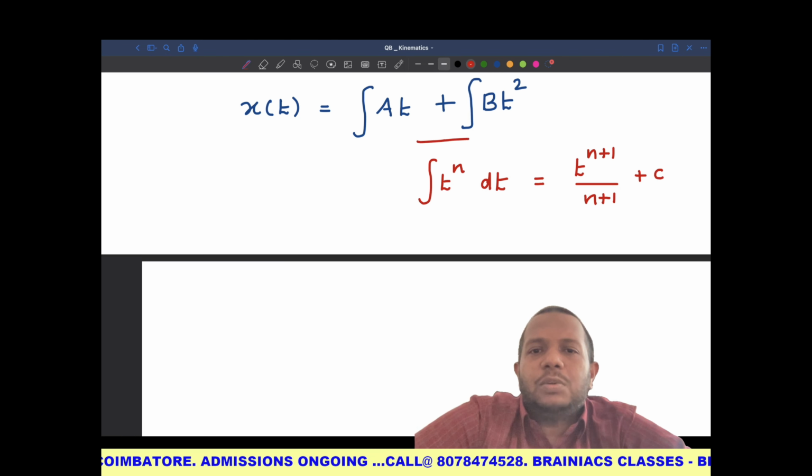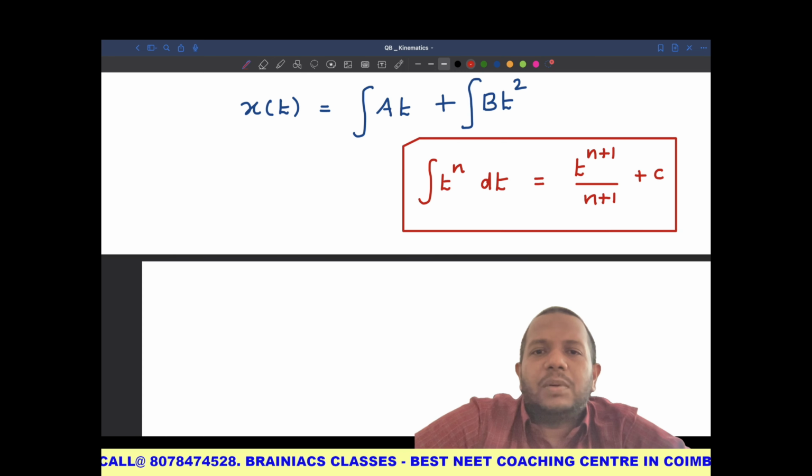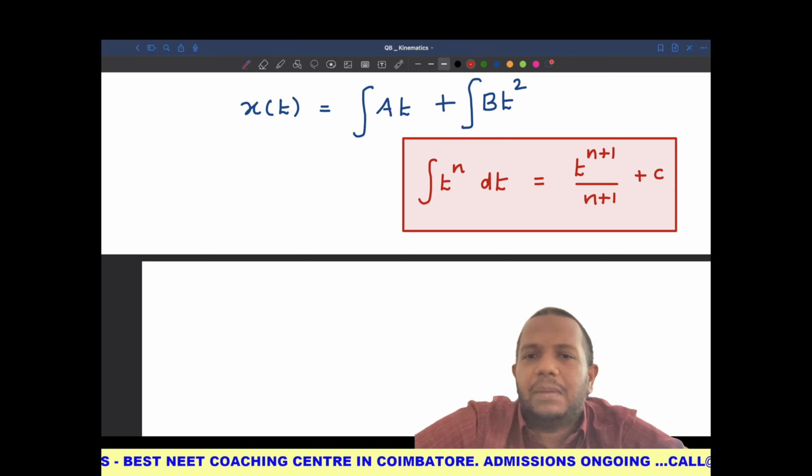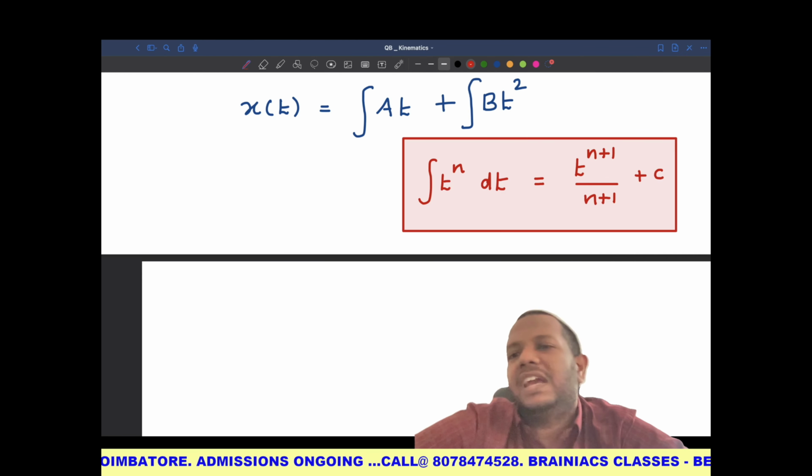This is the fundamental you should remember when doing integration. You can write it as t to the power n or even x raised to n, then it would be x raised to n+1 by n+1, dx. Here time is given, that's why I have mentioned tⁿ dt.